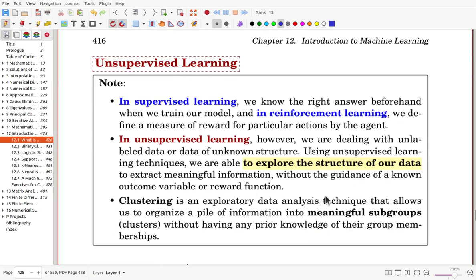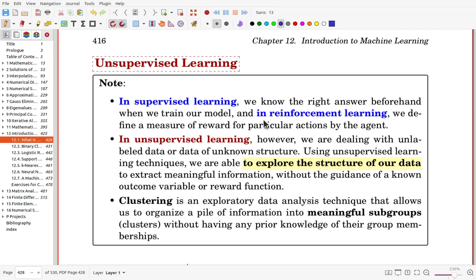Okay, here we have unsupervised learning. In supervised learning, we know the right answer. That means a label. And when we train our model, and in reinforcement learning, we define a measurable reward for particular actions by the agent.